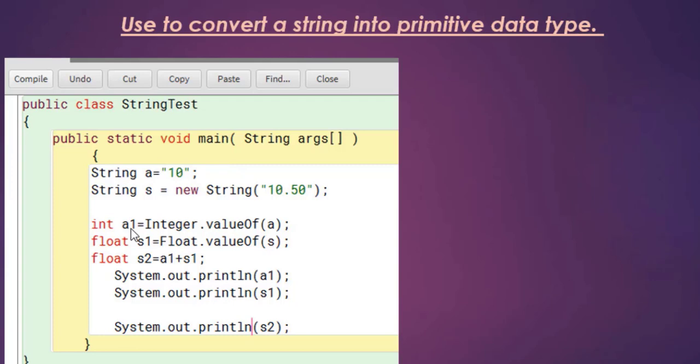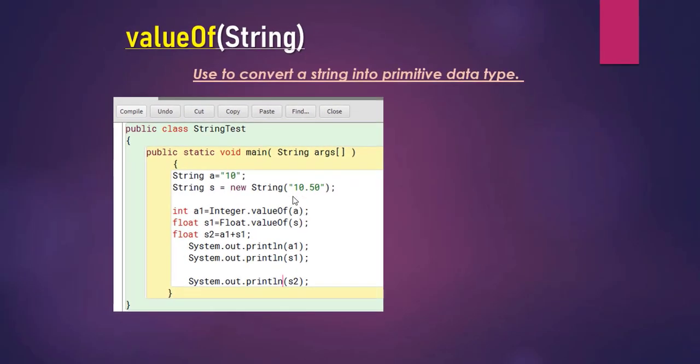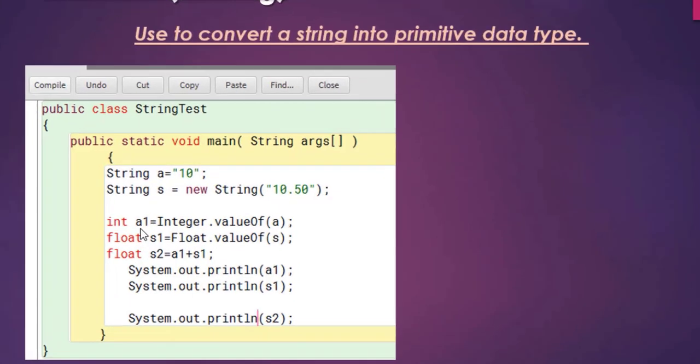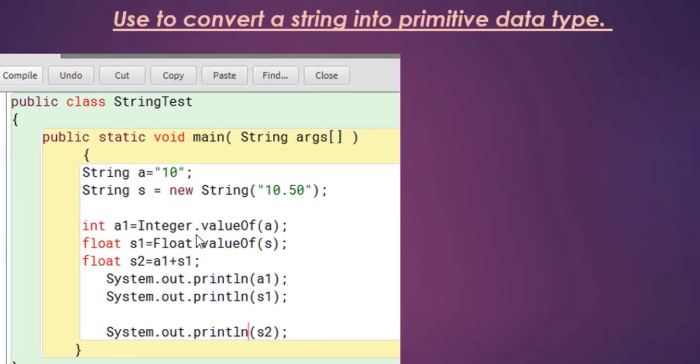Now if I want to use that 10 and 10.5 for the arithmetical operation, we have to use the valueOf function here. Now in this case int A1 equals Integer.valueOf(A) and float S1 equals Float.valueOf(S), that I am adding in the next line, that is float S2 equals A1 plus S1.